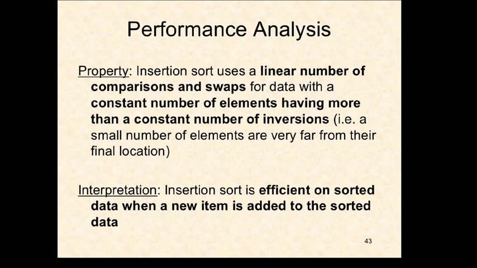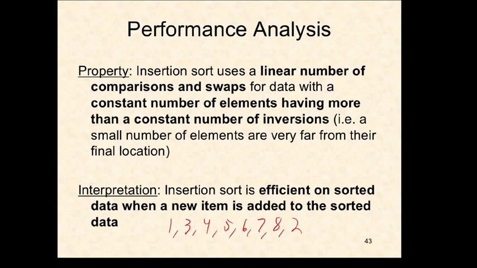And the interpretation here is, for example, if I take a sorted array and I push back, if I've got something like 1, 3, 4, 5, 6, 7, 8, and I add a 2 to the end, insertion sort works very well on this.